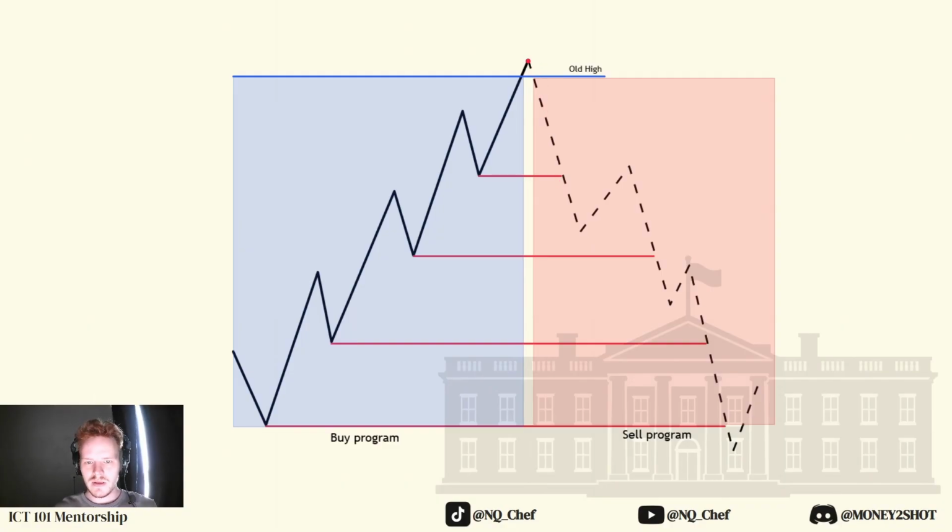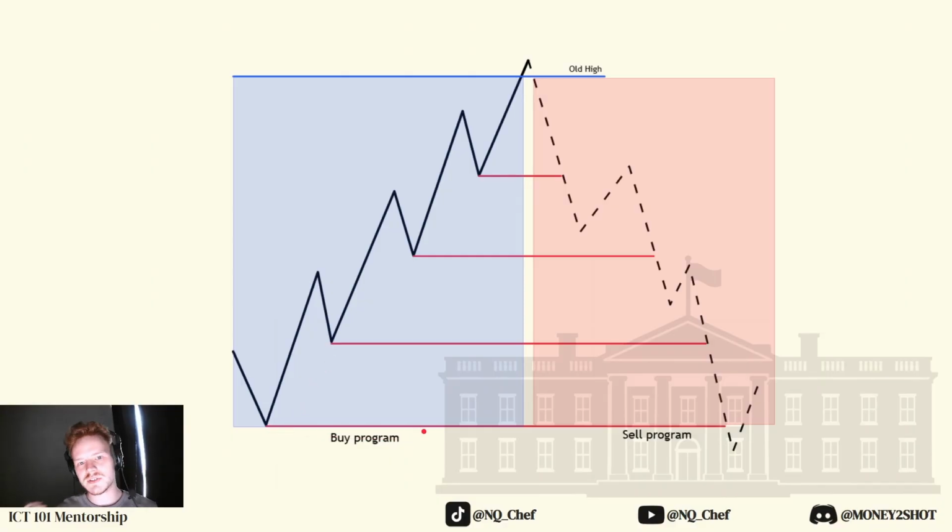Regardless, in hindsight, this is the ideal pattern, where price transitions from a buy program to a sell program and takes out all of our liquidity. And again, we want to be on these moves, capitalizing that we are in a sell program and that we are taking sell side liquidity.